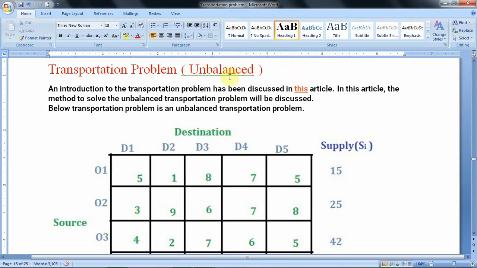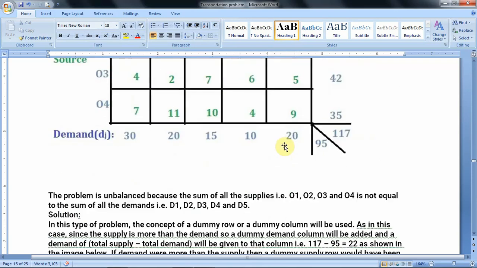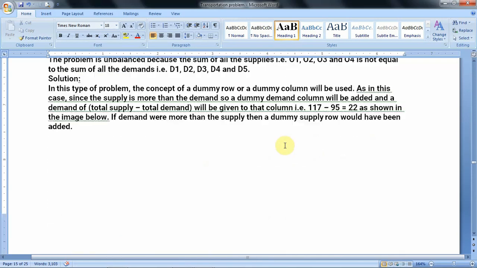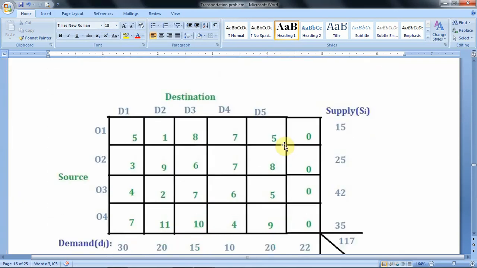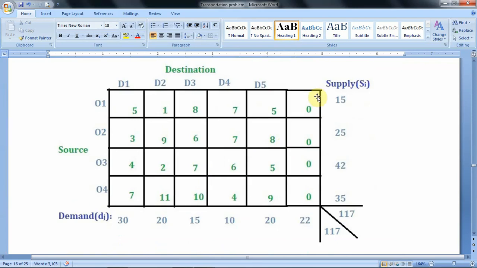That is important: the total supply is more than the total demand. So we can insert a dummy column, that is dummy column D5, with zero cost values: 0, 0, 0, 0, and the corresponding rim value, that is units. How many units are there?